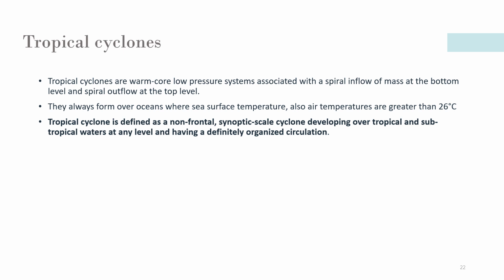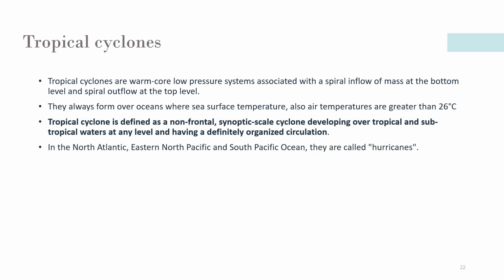This is termed hurricanes in the North Atlantic, Eastern North Pacific, and Southern Pacific Ocean, because of the spiral inflow of mass at the bottom level and spiral outflow at the top level.